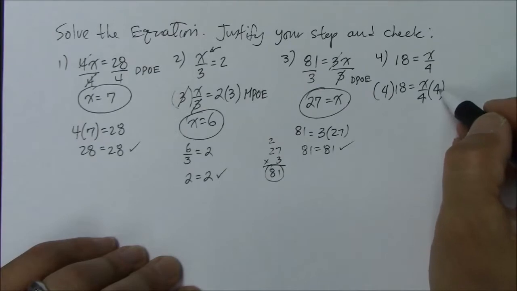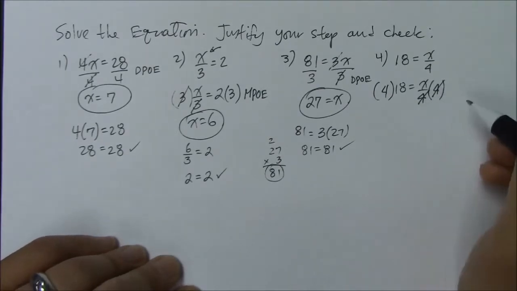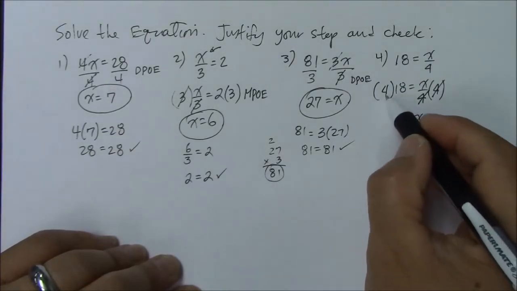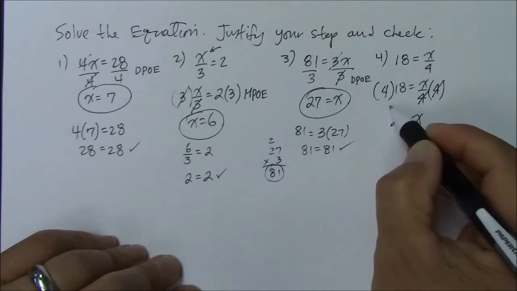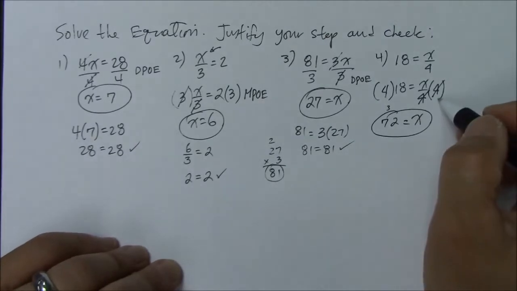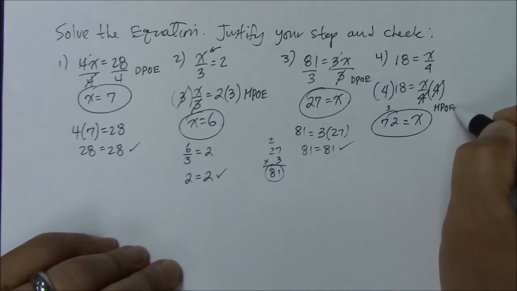As a result, the 4 that I chose to multiply reduces the denominator 4 to a 1x, or simply x. On the left, 4 times 8 is 32, carry the 3. 4 times 1 is 4 plus the 3 is 7. There's my answer. What did I do to solve this? I multiplied, so the multiplication property of equality.